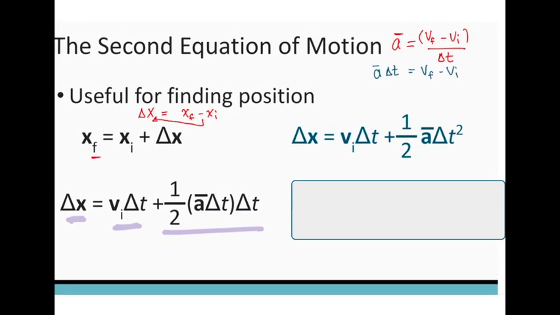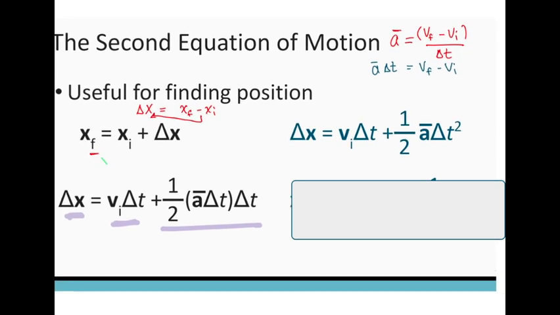Now, here's the thing. I want to find my final position. So I'm going to do some more manipulation. I'm going to use this guy right here, and I'm going to replace some things. So I'm going to replace this, and I'm going to keep this, and I'm going to replace this.